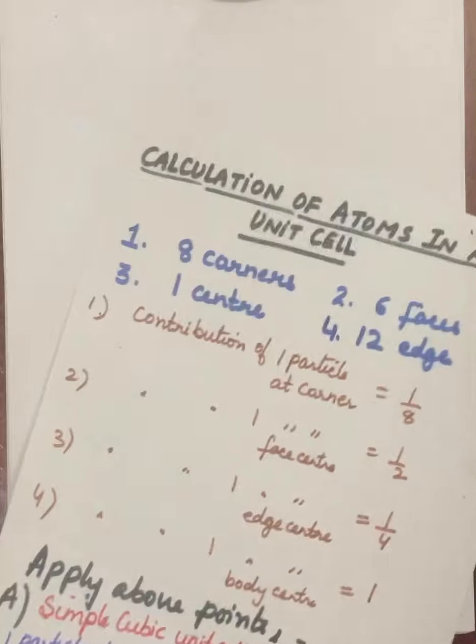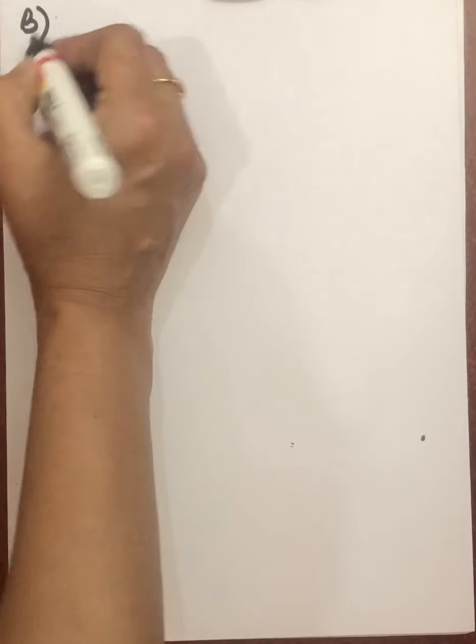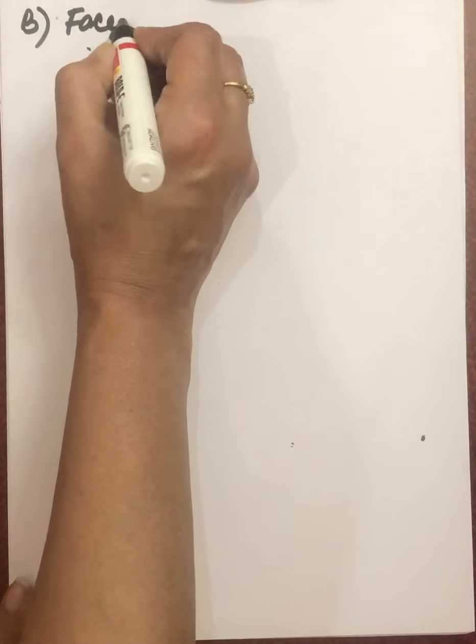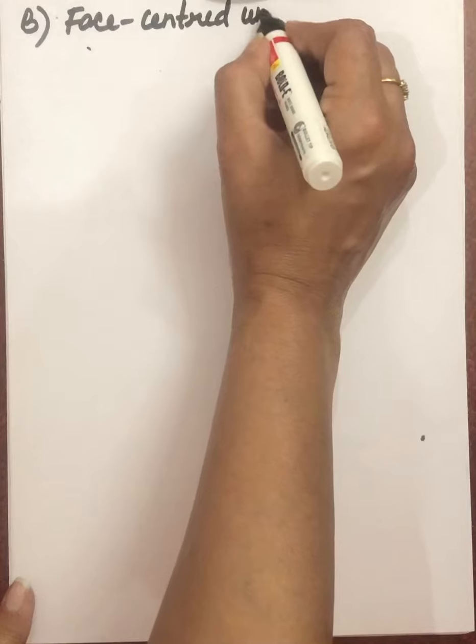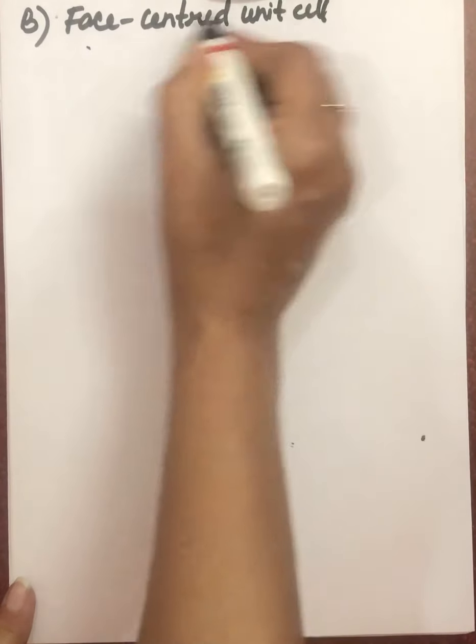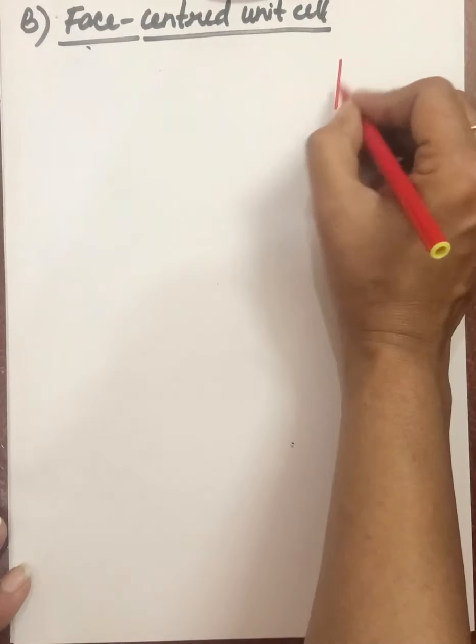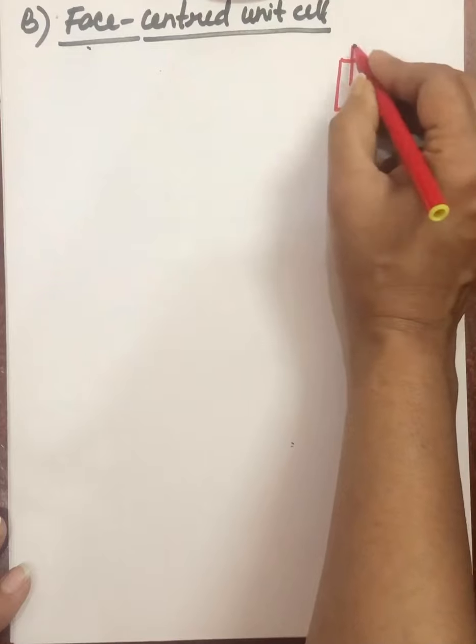After the simple cubic unit cell, the second type of unit cell is the face centered unit cell. A unit cell in which particles are at the corners of the unit cell.